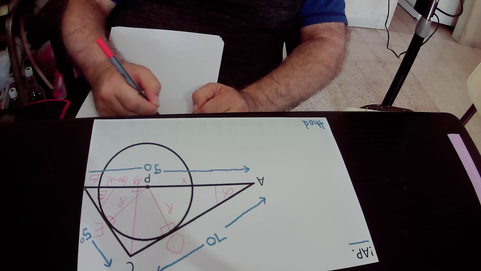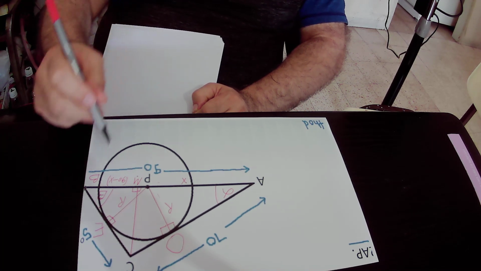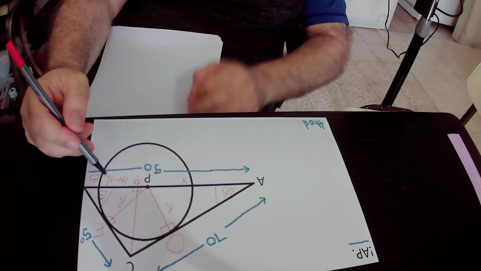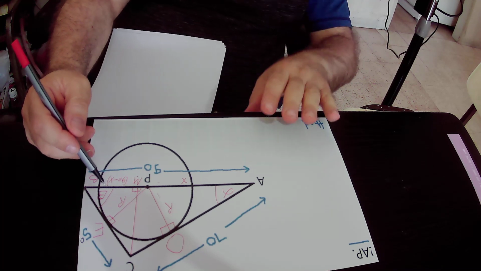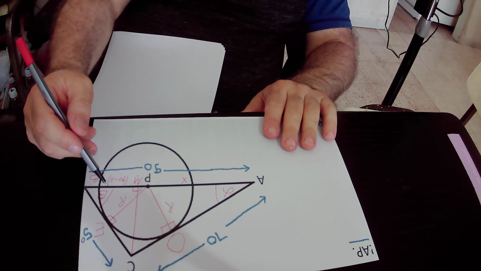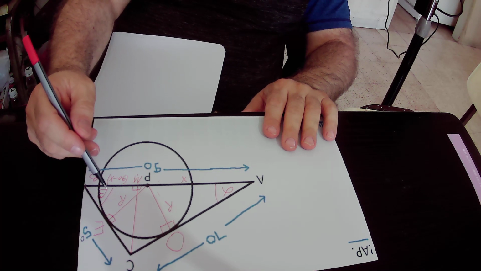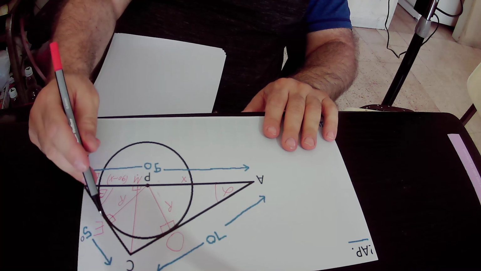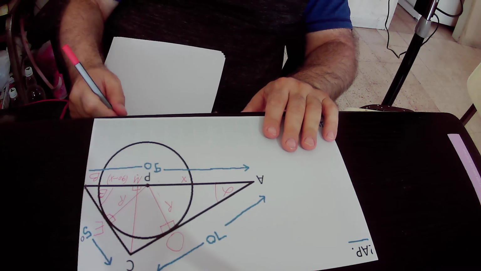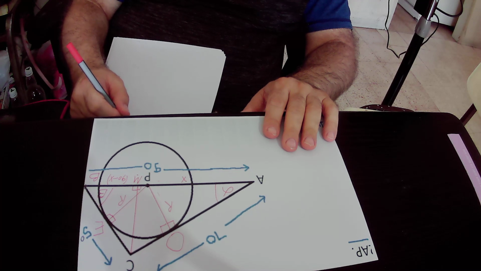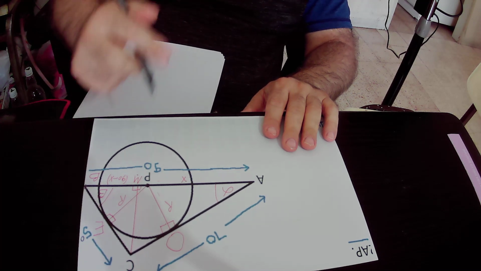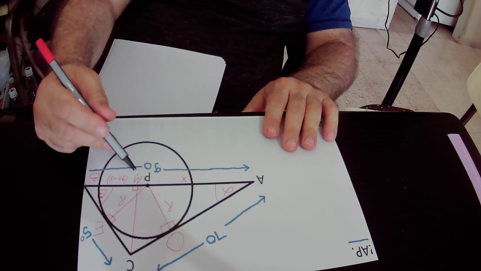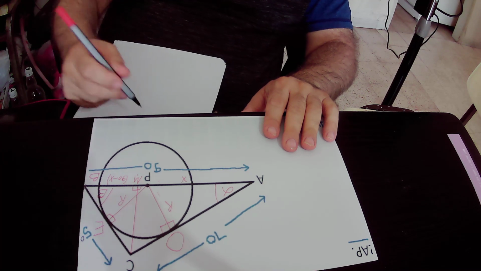So sine beta in the right triangle EPB equals the side that is in front of angle beta, that is to say EP, over the hypotenuse of the right triangle EPB. And the hypotenuse of the right triangle EPB is actually PB.